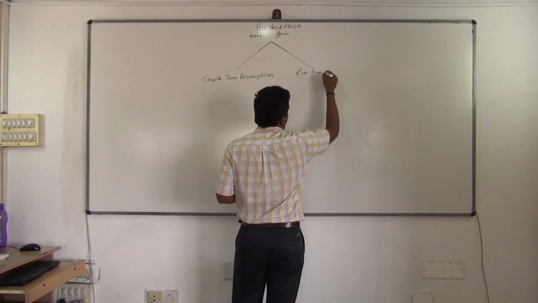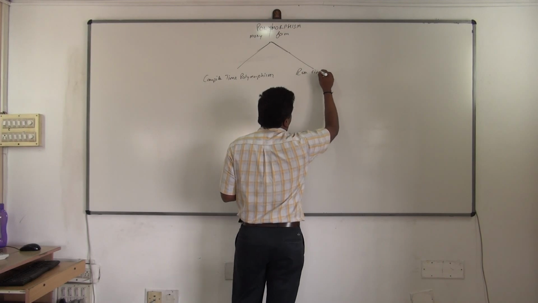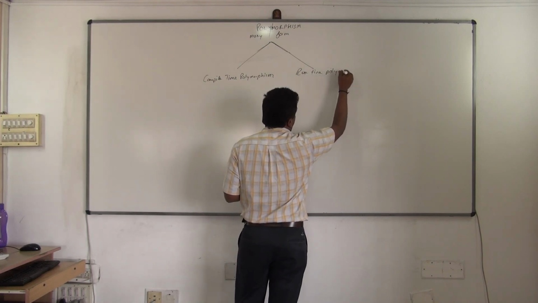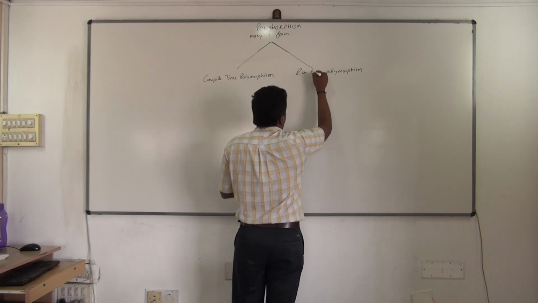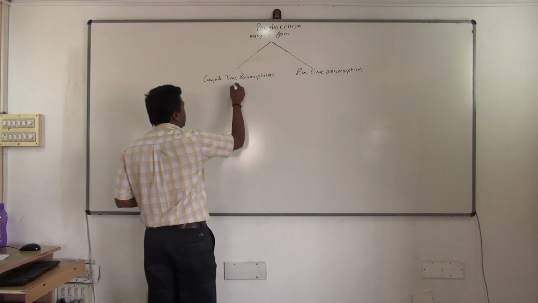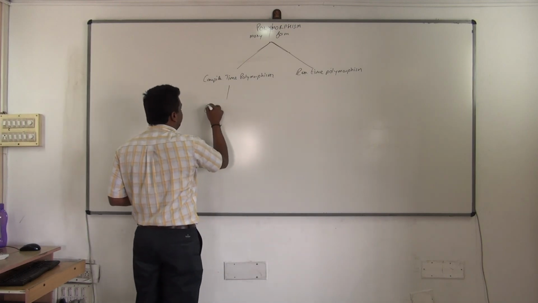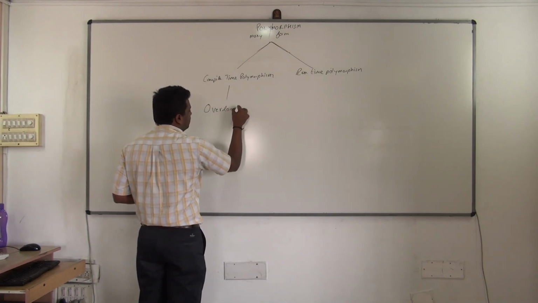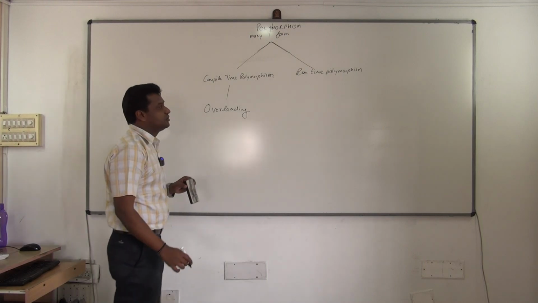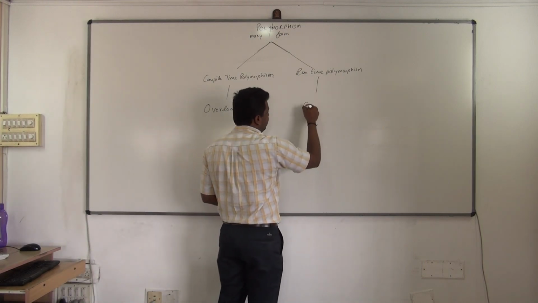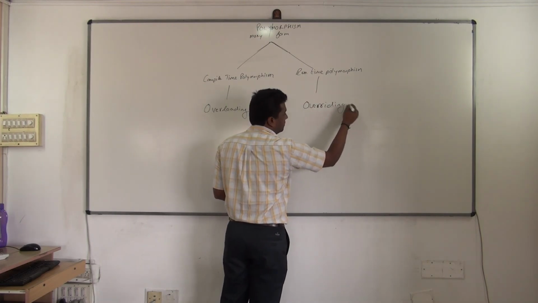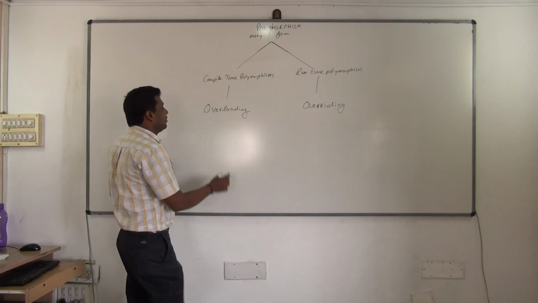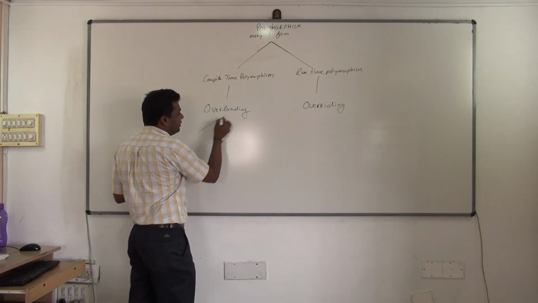We will not be covering runtime polymorphism. This concept is also known as overloading. This concept is known as overriding. Okay, overloading now. Overloading is again of 2 types.